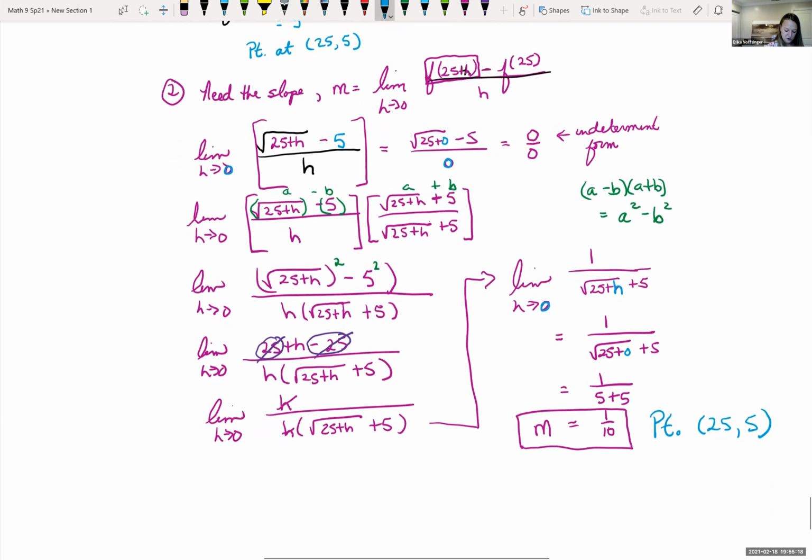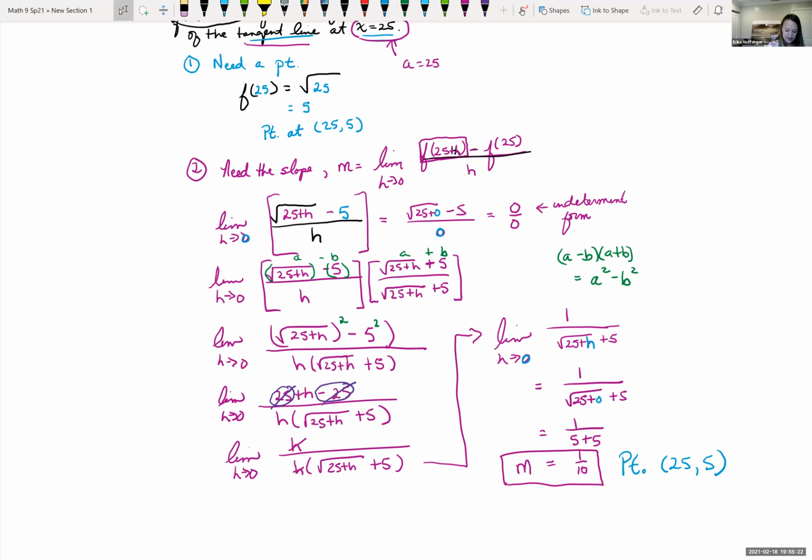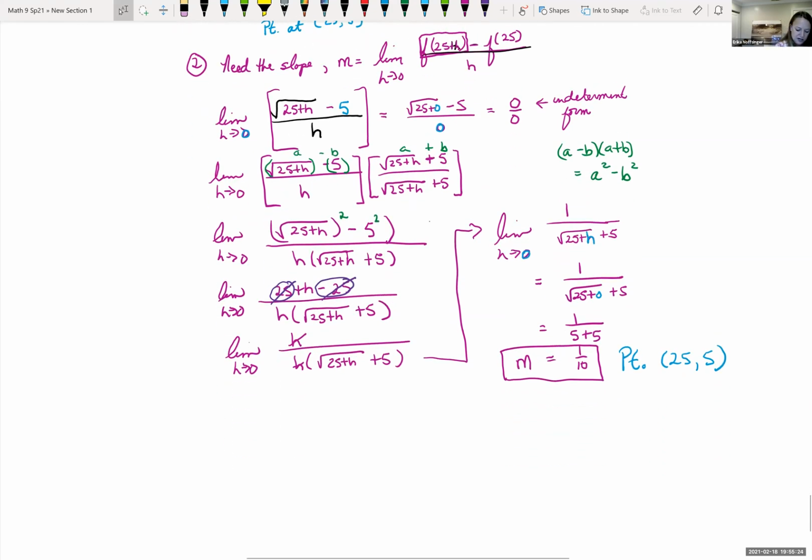Now if you plug this into y equals mx plus b, we can find the equation of the line. So our y value, 5, is equal to our slope, which we found to be 1/10, times x, which was given to us as 25, plus b.